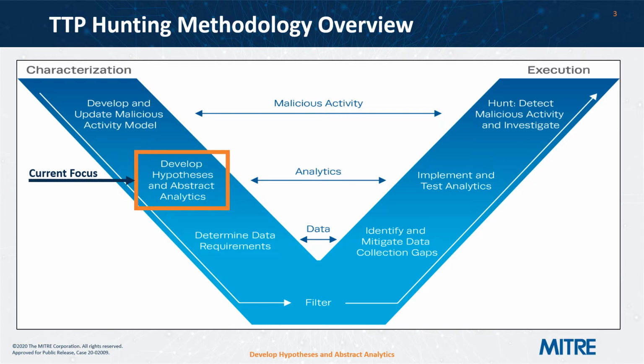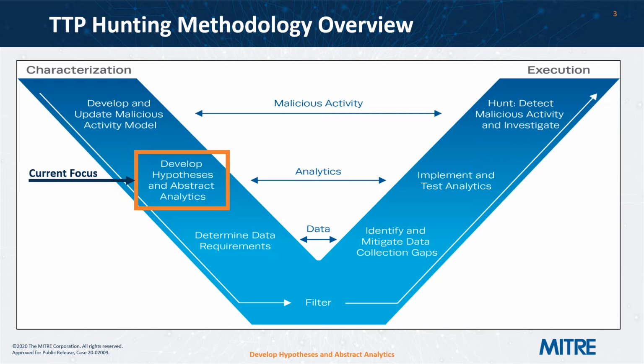Once we start implementing, we'll roughly go in the reverse order, starting by checking our data collection and identifying any gaps, then implementing and testing our analytics. And finally, we're ready to detect the malicious activity that we started out by understanding.